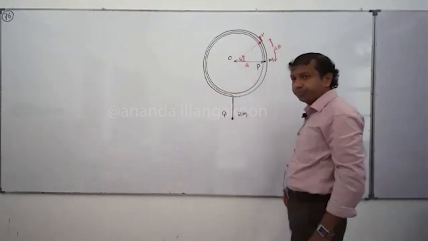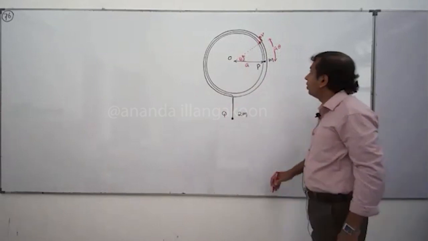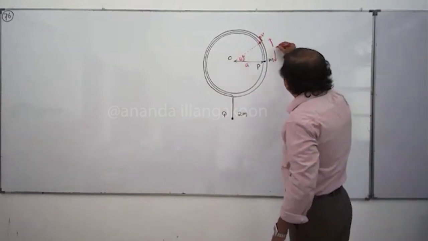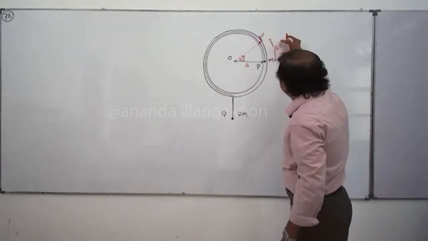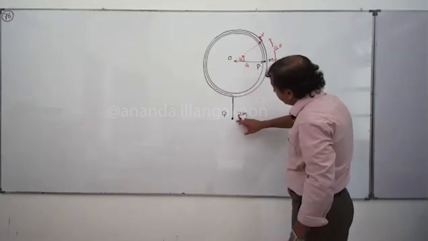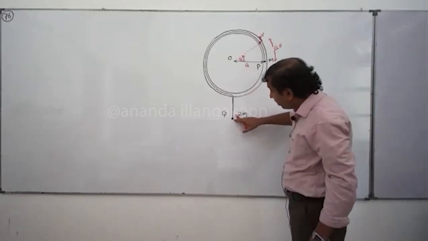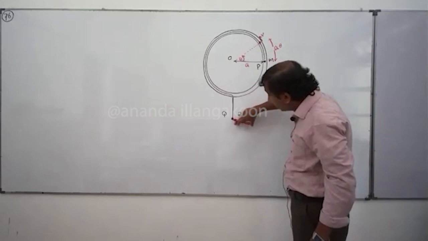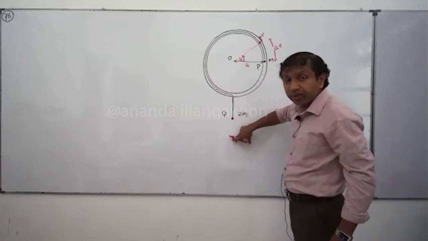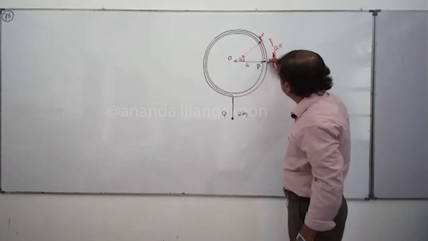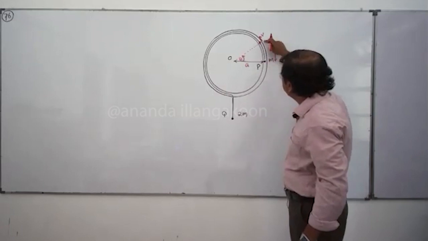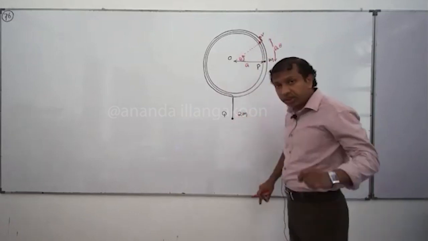Once particle P moves this arc length a theta, the particle Q will descend by that same length, a theta, downward. Understand? During the same time interval, Q moves downward a depth a theta.